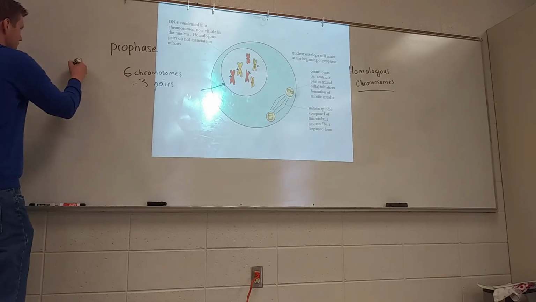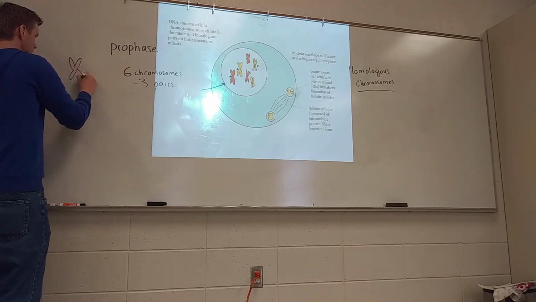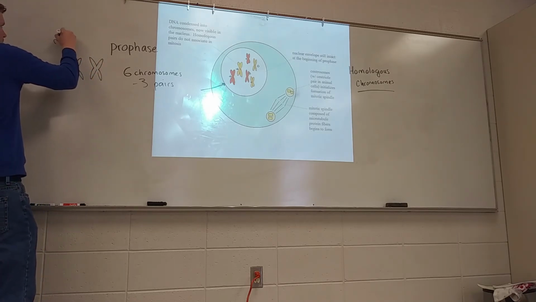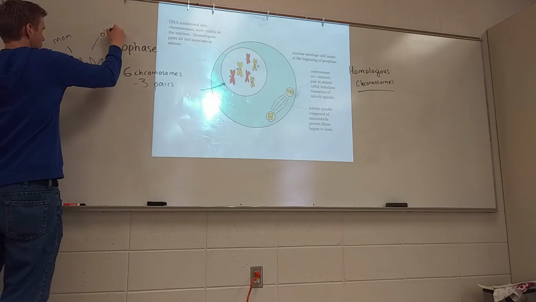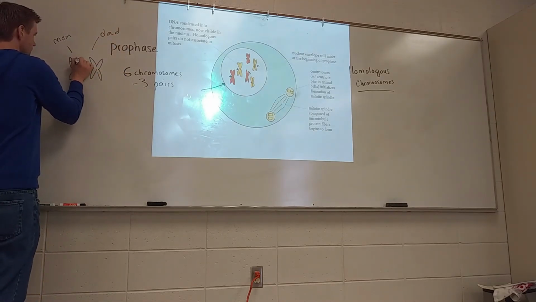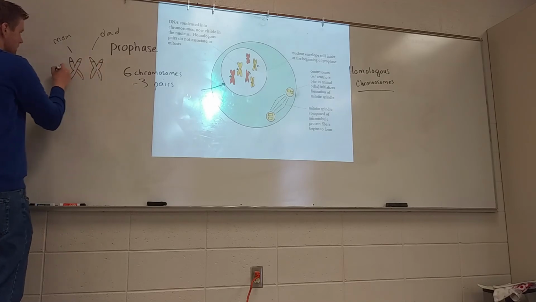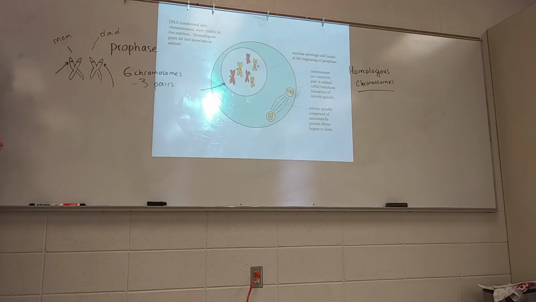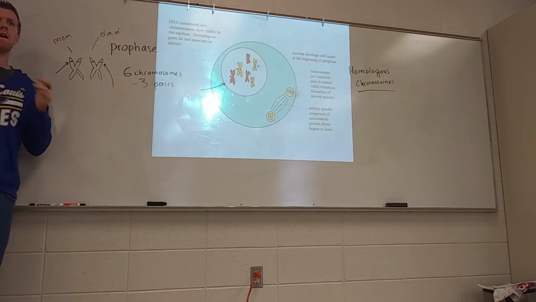So if you have a pair of chromosomes, one you got from your mom, one you got from your dad, what makes them a pair is that on the same spot in each chromosome, you've got a gene that codes for the same thing.